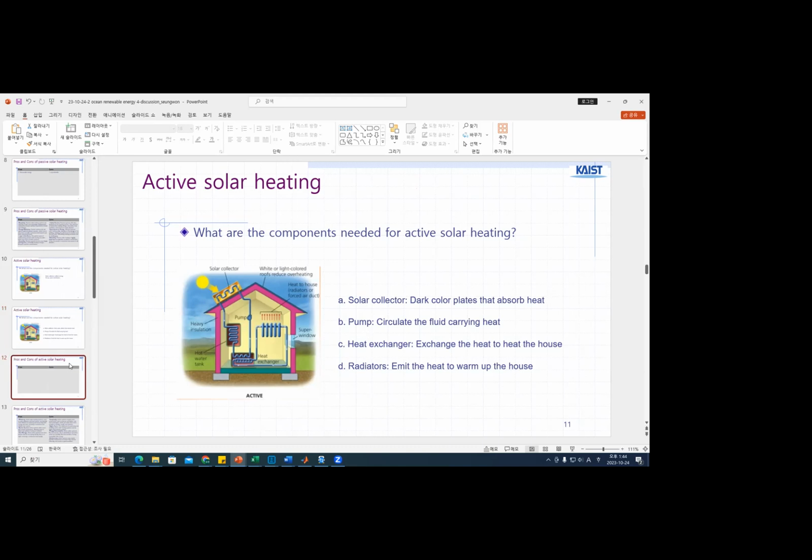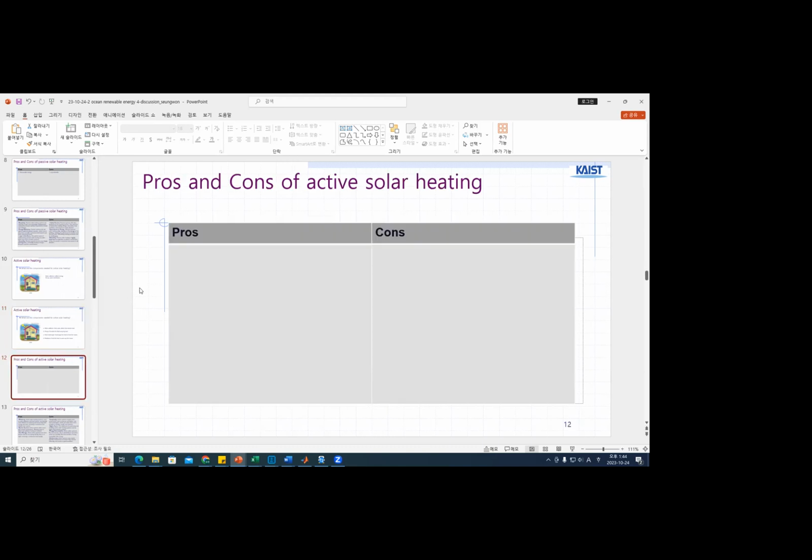So how could this affect the pros and cons? One of the pros is that it is still a renewable energy, like passive heating, but you can control and manage your energy, so it's more predictable and more efficient. Yeah, you're right.